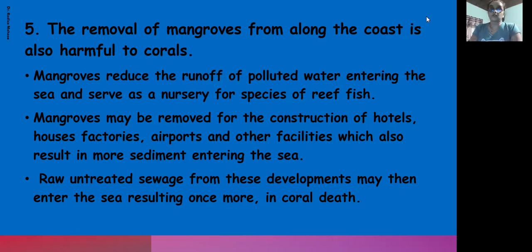And raw, untreated sewage from these developments may also enter the sea, resulting once more in coral death. So mangroves, we could probably say, acted as a buffer. The mangroves again are part of the natural ecosystem.